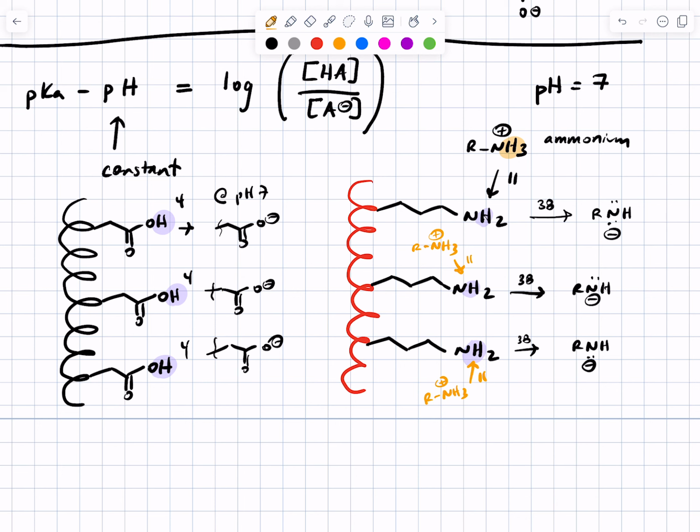Still there, right? The pKa of the ammonium is high enough that the neutral amine doesn't exist in aqueous solution at pH 7. It's just majority ammonium ion. So that tells you that at pH 7, the positively charged conjugate acid dominates.